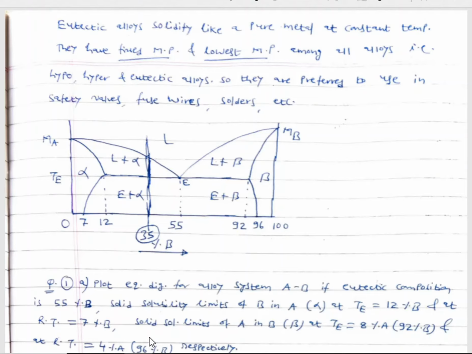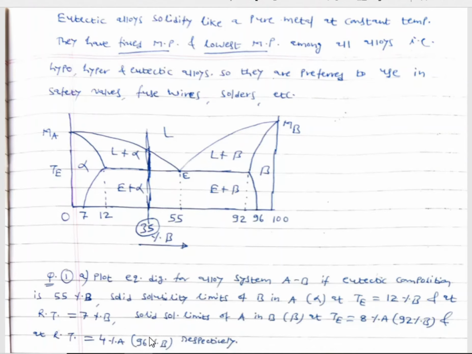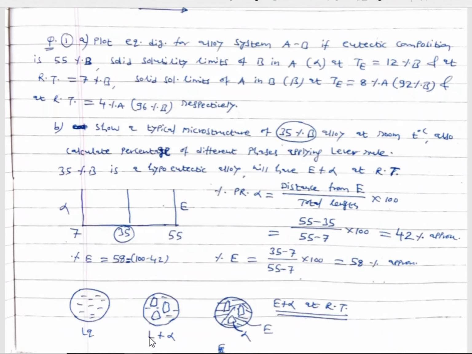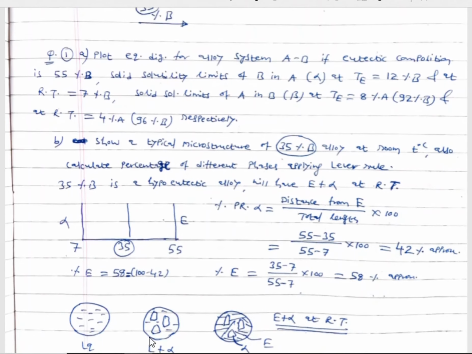Here is a question: plot the equilibrium diagram for alloy system AB if the eutectic composition is 55% B, and the solid solubility limit of B in A at eutectic temperature is 12% B, and at room temperature 7% B. Actually the diagram has been made here.